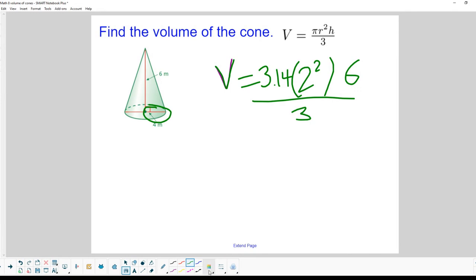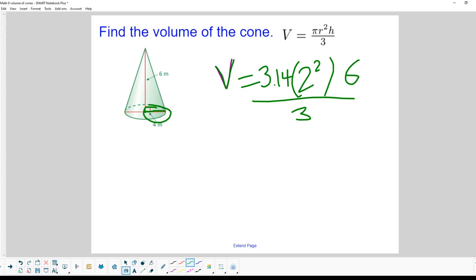Now I want to throw a caution out there. Some of you may notice that the radius squared equals 4 in this case, which is the same as the diameter, but that doesn't work out for every cone, only for ones that have a radius of 2. So don't get in the habit of just thinking that the diameter is the radius squared.